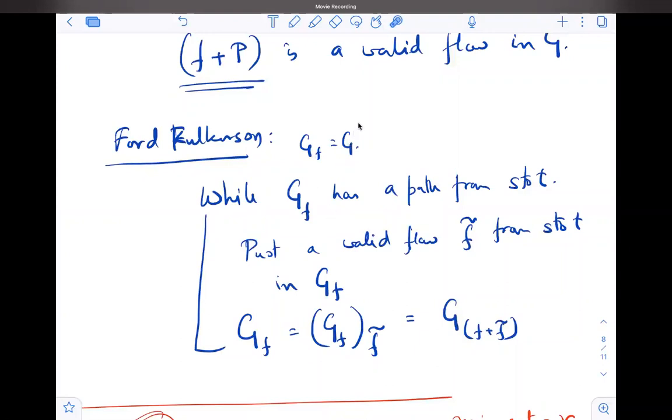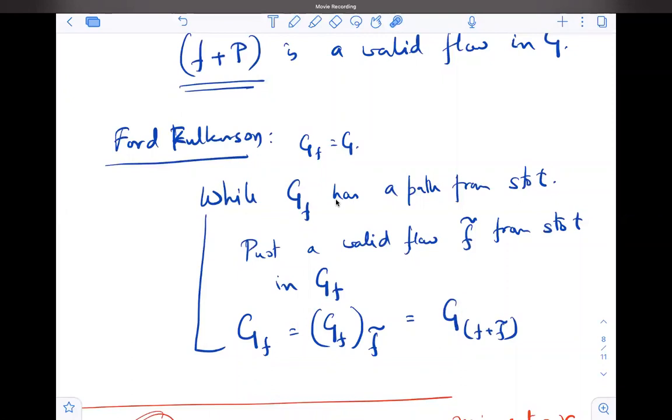How can we find a path from S to T in G of F in linear time? Not a very good situation. Lokesh Siva. Yes, sir.